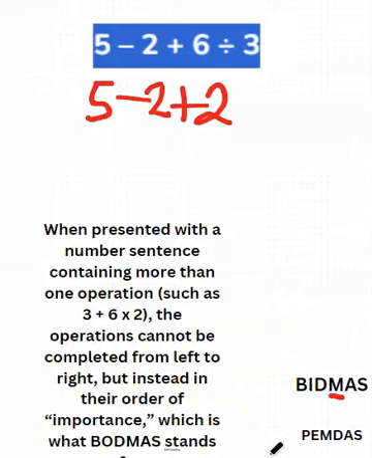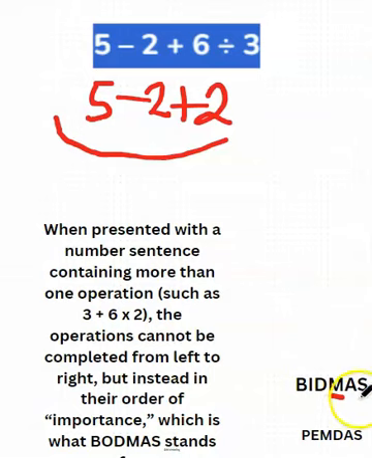Addition and subtraction are of equal importance. Whichever one comes first, it doesn't matter. Our calculation should always be from left to right. This is left and we're going to right. You could see that we have only two of them left, subtraction and addition. So the choice here is that it's going to be from left to right.